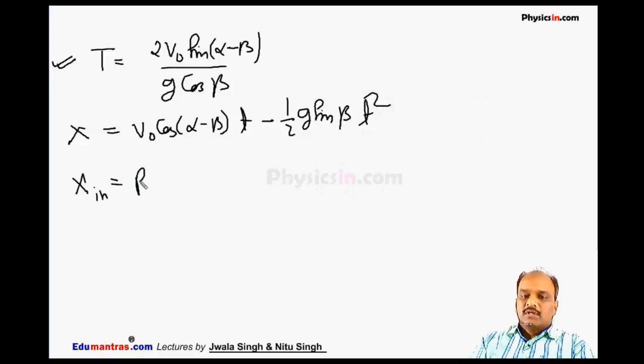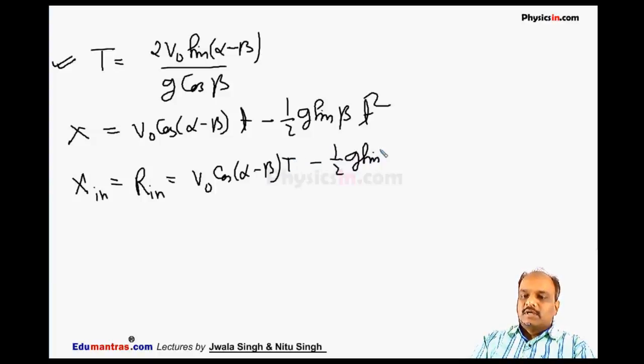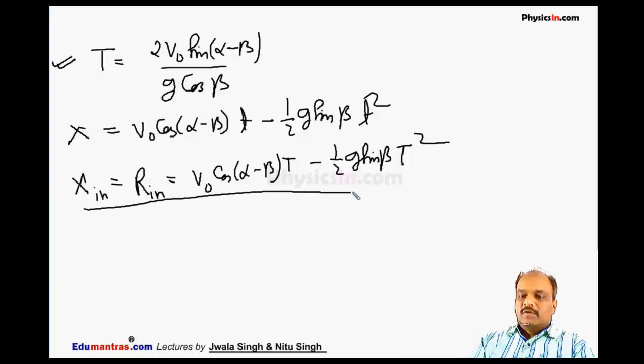This is also called the range on the inclined plane, which is equal to v0 cos alpha minus beta into t minus half g sin beta into t square, where t is the time of flight. If you calculate it, it will give you the range on the inclined plane.